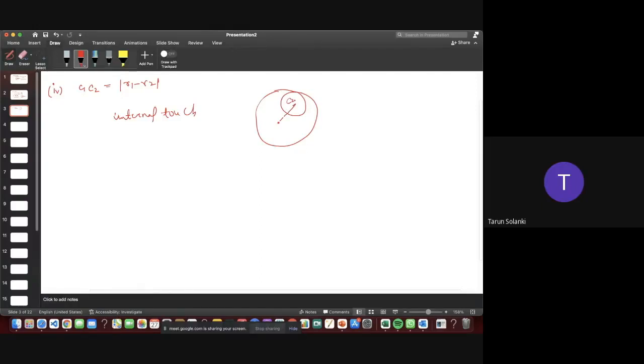So here it's C2, it's C1. The circle is like this. So in this case, the number of common tangents we are getting is only 1. So we can write the number of common tangents is equal to 1. Only one common tangent we are getting, right?